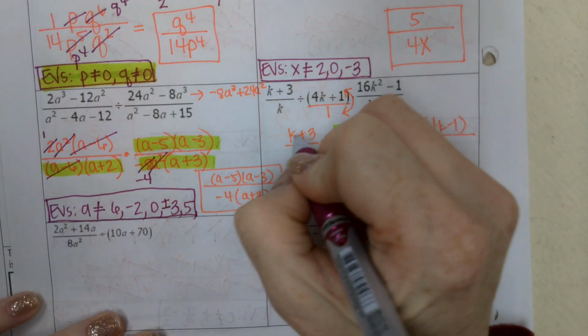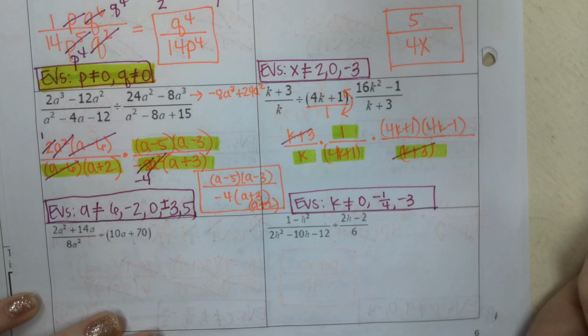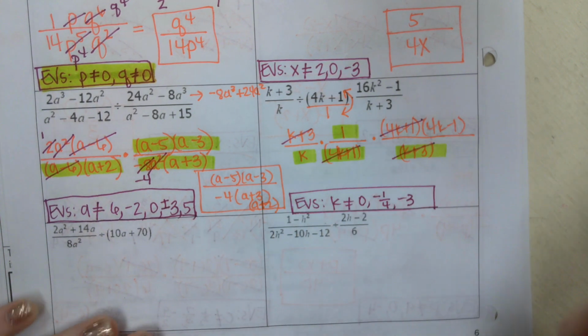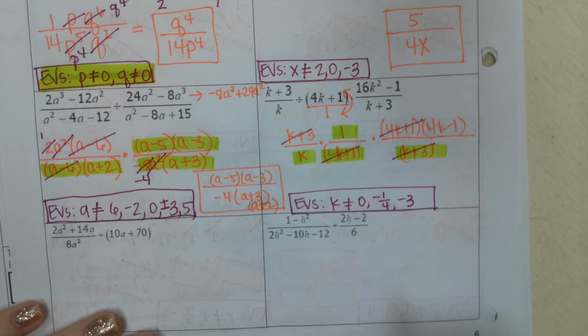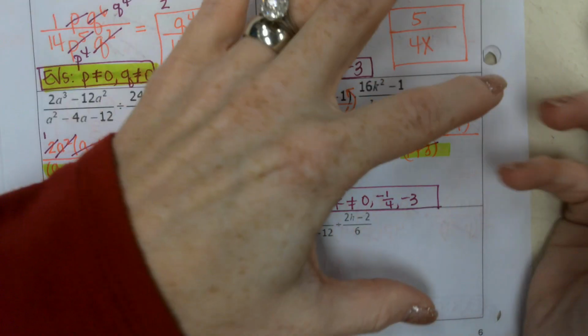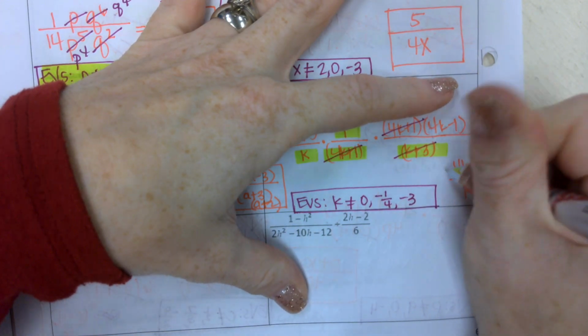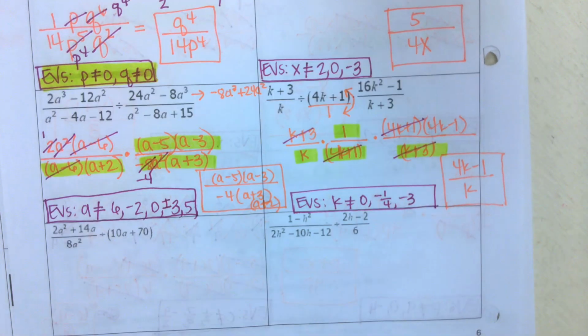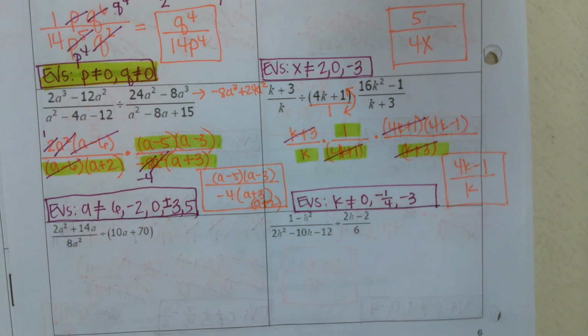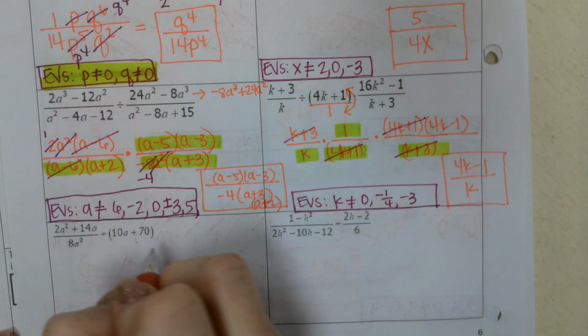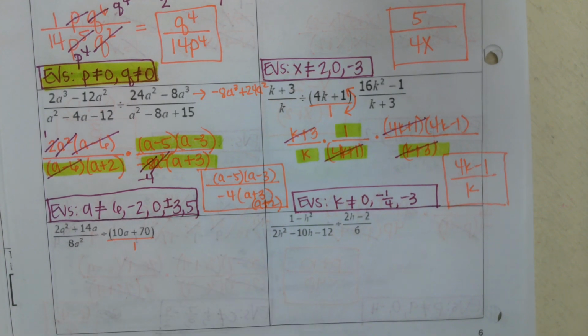Let's see. I have the k plus 3s that cancel, the 4k plus 1s, and that's it. So 4k minus 1 over k. Please do not cancel out those k's. All right. Right here, I would write that over 1.